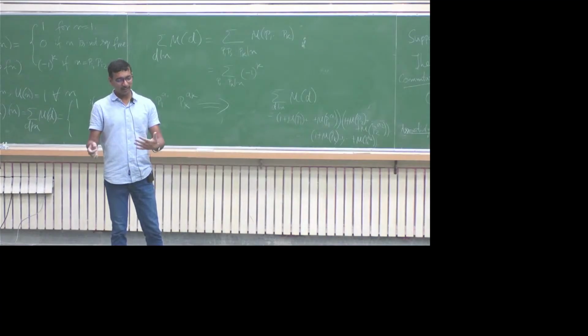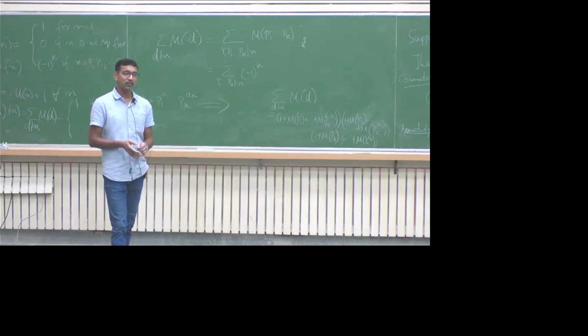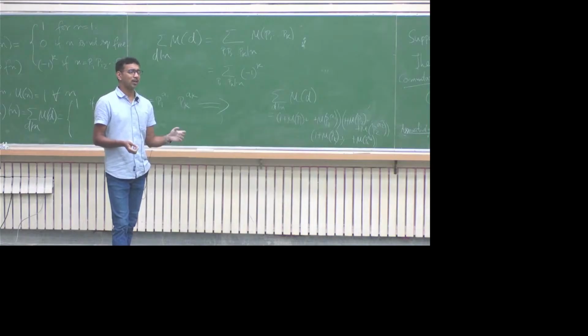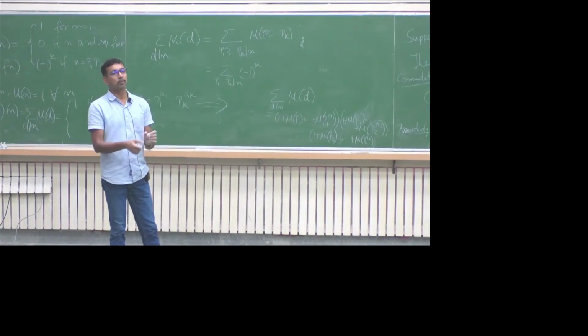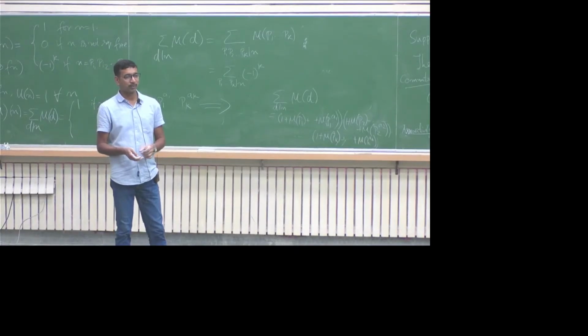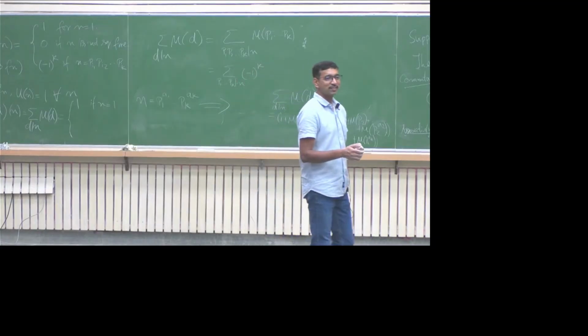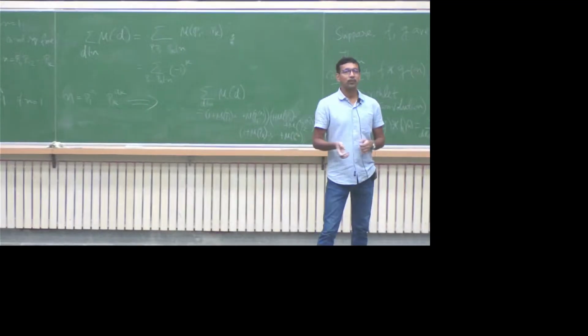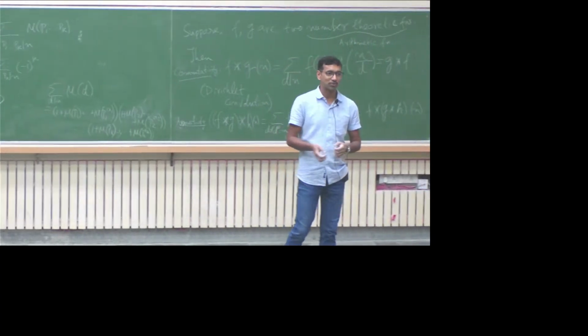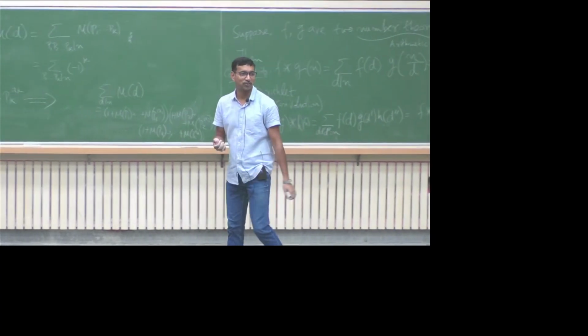You can take any of the primes dividing n, or you cannot choose any. If you don't choose any, that gives you 1, and for everything else you get minus 1 to the power of the number of primes. You can use the binomial theorem: this is 1 minus 1 to the power k. Always. Yes, sure. That's a very nice idea.